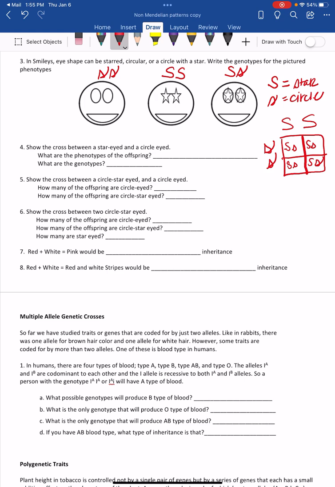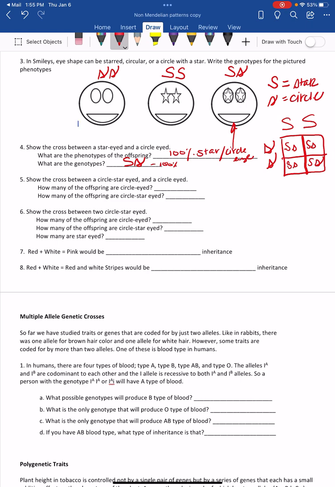You would say 100% star with a circle, that's this guy, or circle with a star. And then what are the genotypes? That would be big S, little s, 100%.